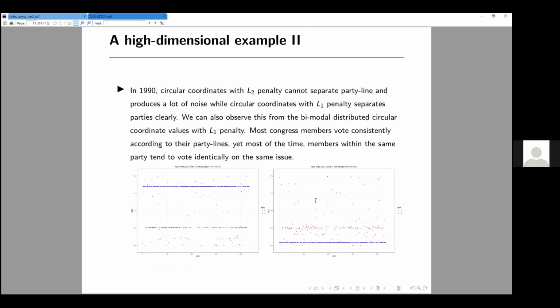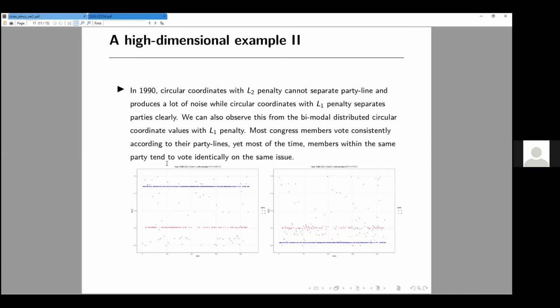So we studied the voting records from the years 1990, 1998, and 2006. In each figure, on the left-hand side we show the L1 penalized circular coordinate function, and on the right-hand side we show the L2 penalized circular coordinate function. We show the combined circular coordinate against the voter serial number. The voter serial number is just a cardinal number.